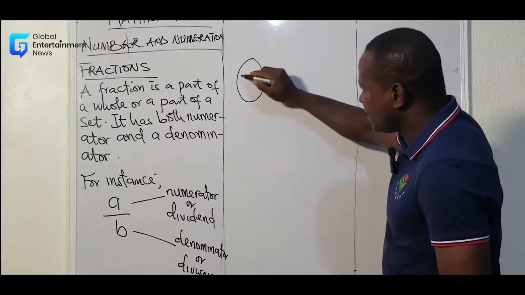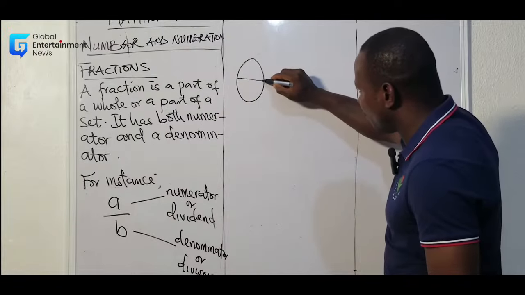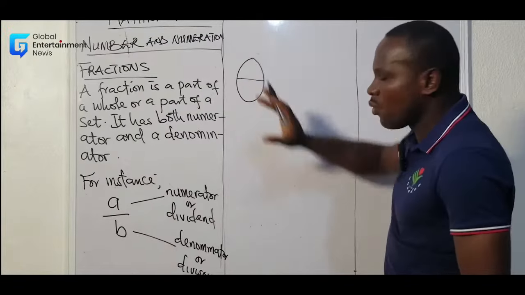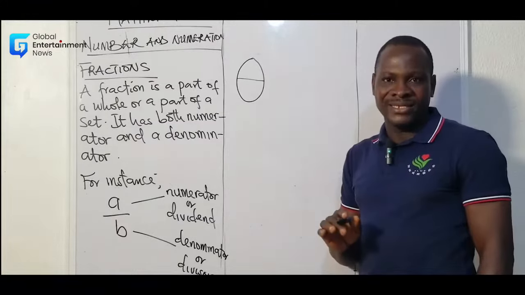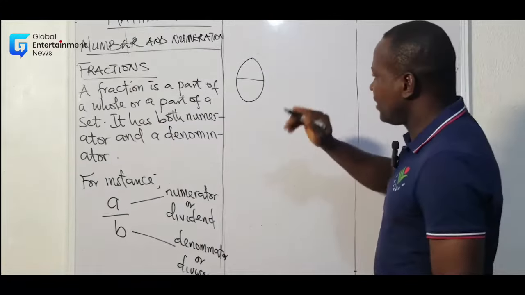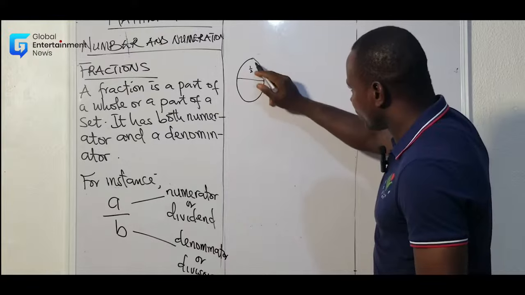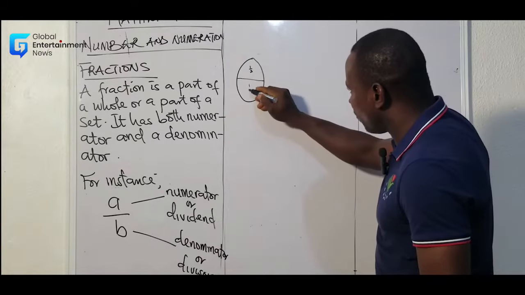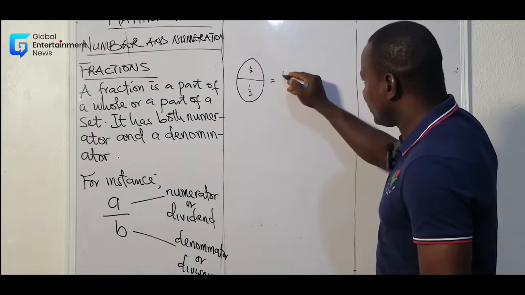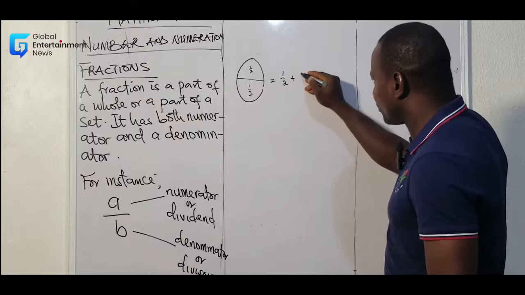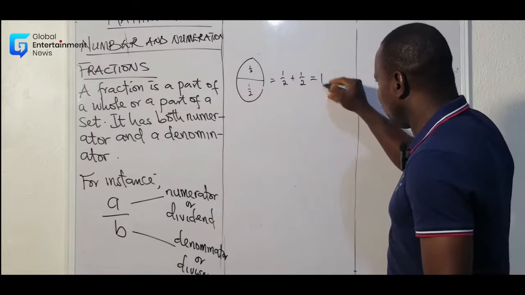Now, if I divide this particular thing into two, it's no more a whole. That means I've divided it into half, and I have 1 all over 2, because it's two places. So I have 1 all over 2 plus 1 all over 2, giving me 1.